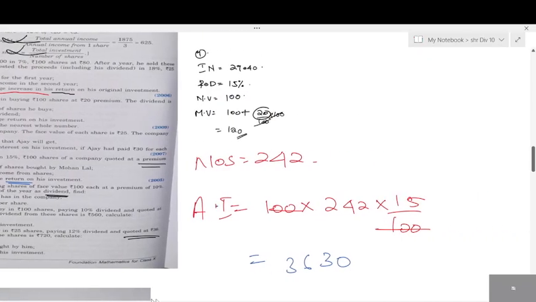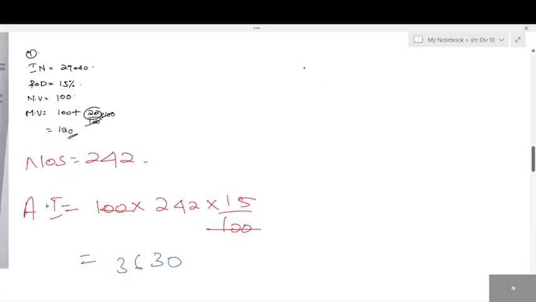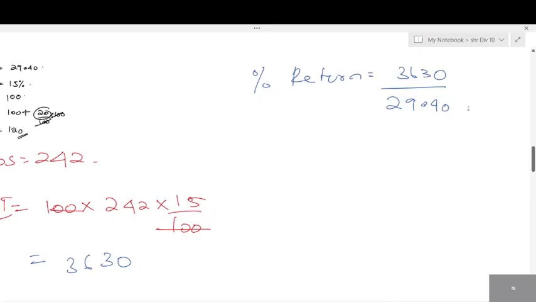The percentage return on his investment. What is percentage return or rate of return? Correct. Dividend. What is dividend? We got dividend or annual income. Both are the same. 3630 divided by 29040 into 100. See, 3 steps, 3 marks.